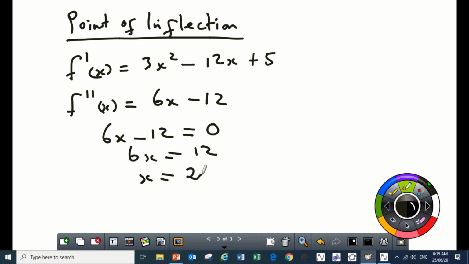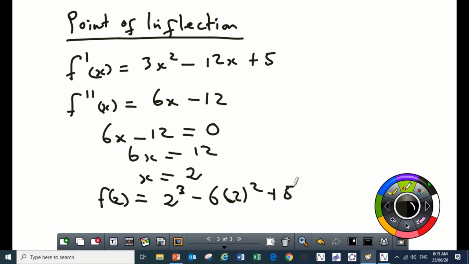So, okay, what I'm going to do, I'm going to write my function as f of 2 will be equal to 2 cubed minus 6, am I right there? 6 times 2 squared, okay, minus, is it a minus or a plus? The plus 5. So I'll get 8 here, that's 24.